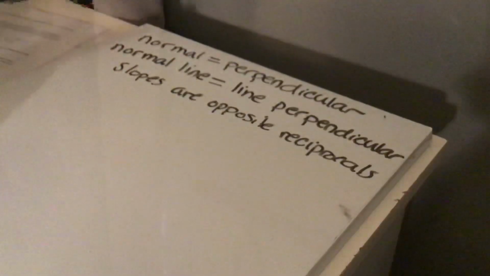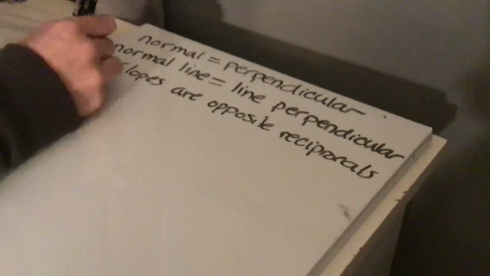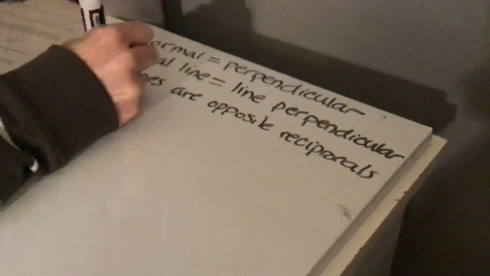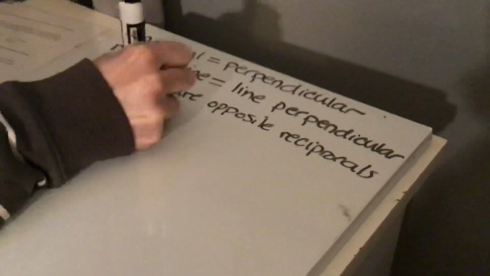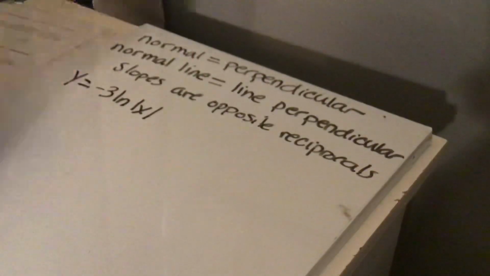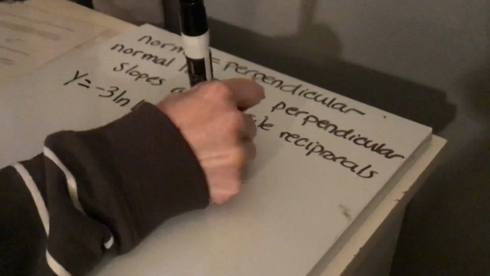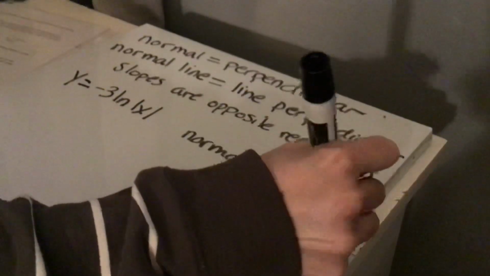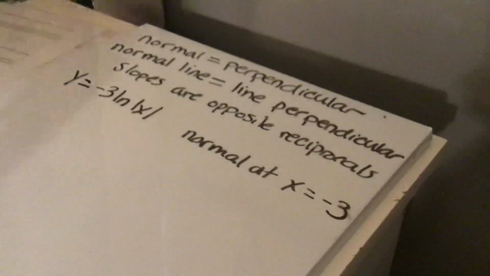Looking at our example, our graph is defined as y equals -3 times the natural log of x, and you want to write the equation of the normal line at x equals -3.